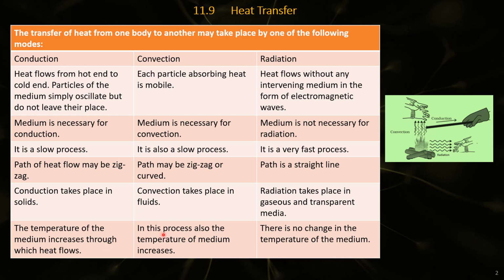And in convection, in this process also, the temperature of the medium increases. In case of radiation, there is no change in the temperature of the medium. All these phenomena are modes of heat transfer. Conduction, convection and radiation are explained in the subsequent slides. Please listen attentively.